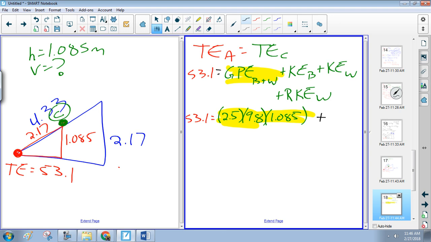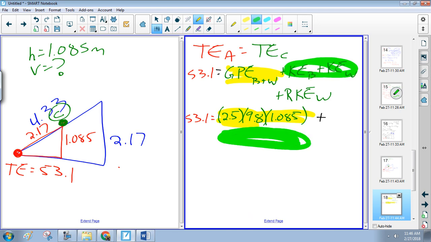Plus, I'm going to combine these again, the kinetic energy of the body and the wheels. So kinetic energy of the body and the wheels is 1/2 the mass of the body and the wheels times v squared, plus the rotational kinetic energy of the wheels.